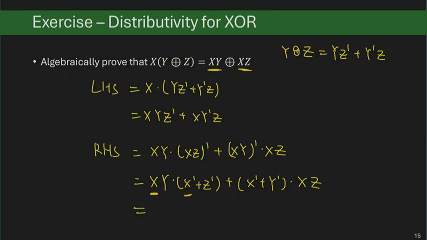So that term will disappear. I don't even have to write it out. I will only combine xy with z prime to give me xyz prime. Similarly, on the right-hand side, x prime and x, when you apply distributivity, that will cancel out to a 0. So you can ignore that. And then whatever is left will be xy prime z. Now left-hand side and right-hand side are equivalent.